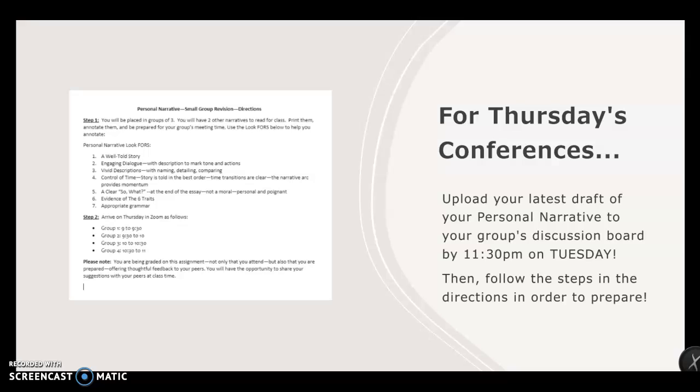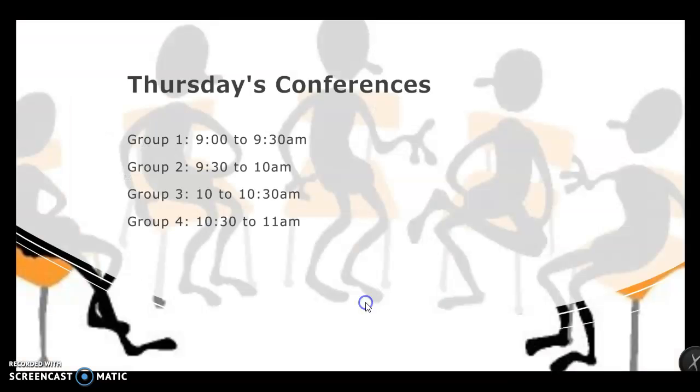You only have to attend during your group's time on Thursday, but please make sure you're contemplating and annotating for all of these different look-fors, and you're annotating, printing, and working hard to provide the best revision suggestions that you can for your group mates' personal narratives. Please keep in mind that conferences are part of your FastTrack grade, and this will be the first grade in that conference folder for your overall grade.